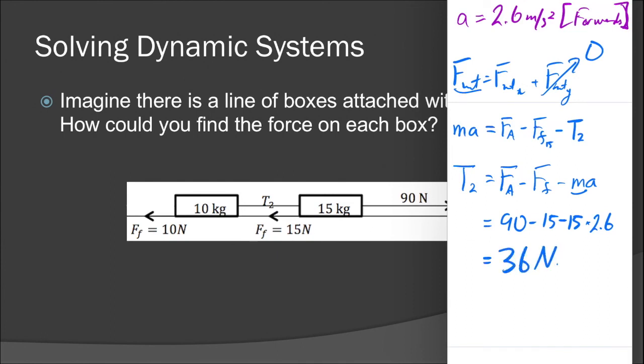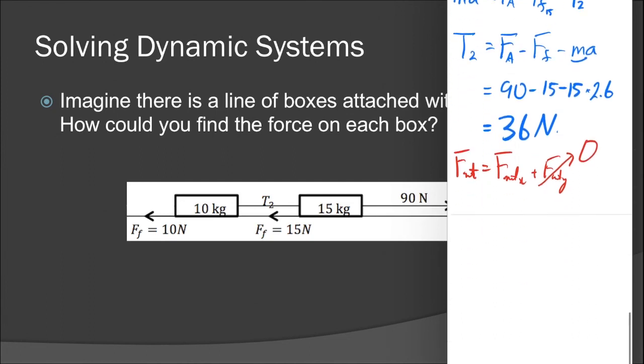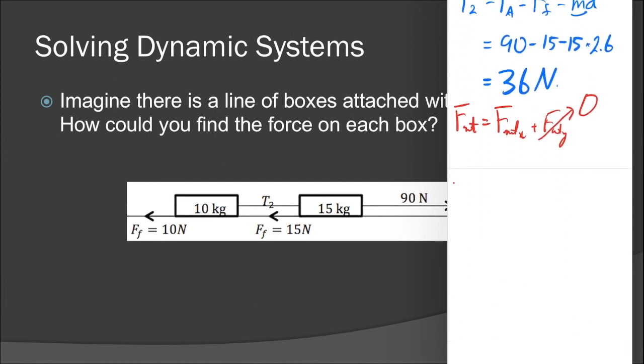As I said before, we can do the same thing with our 10 kilogram box. So again, this F net is equal to our X plus our Y. And as before, our normal force we know cancels out gravity, so our net force in the Y is equal to 0. As before, we have our acceleration times our mass is equal to the tension force pulling this object forward minus the friction force of our 10 kilogram box.